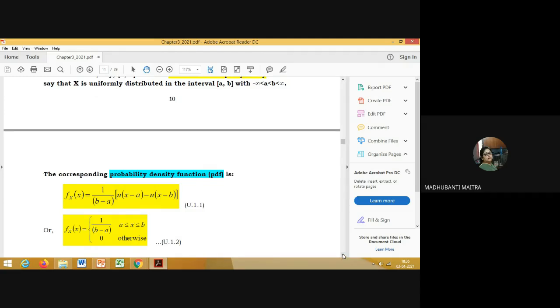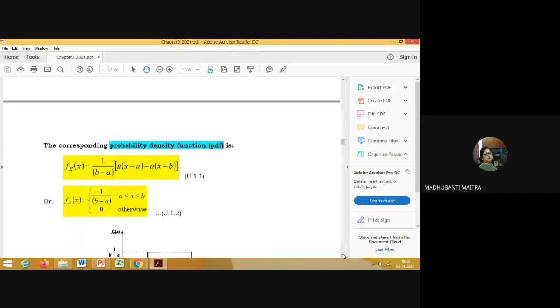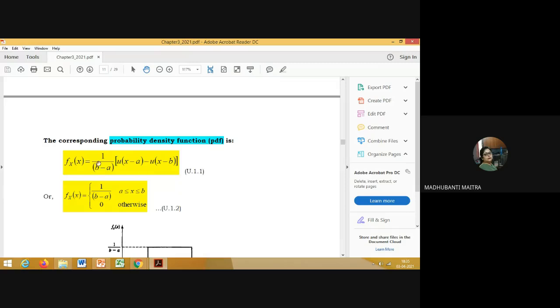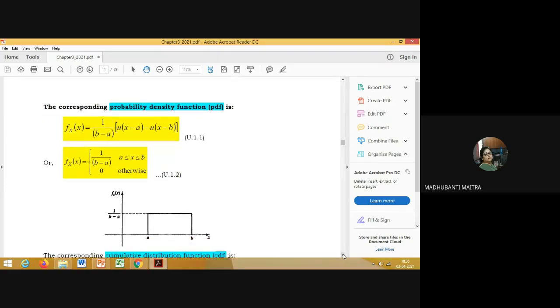So with this introduction, let's try to define the density function. The corresponding density function fx will be given by 1 by b minus a. Let me show you. This is the density function.